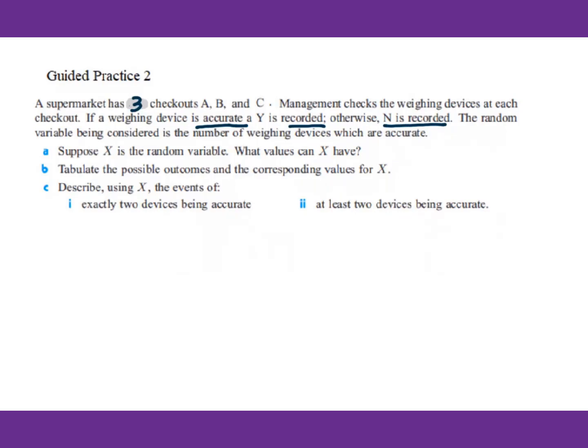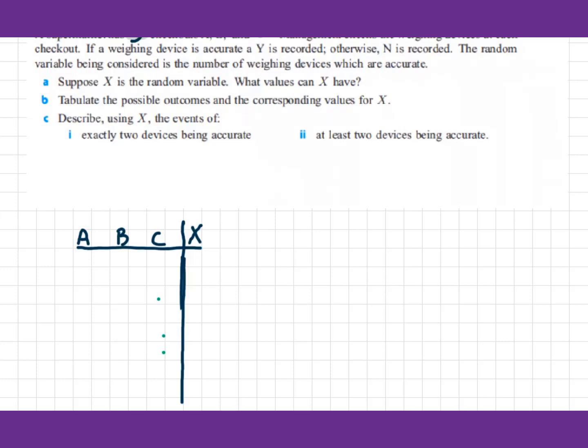The random variable being considered is the number of weighing devices which are accurate. A. Suppose X is the random variable. What values can X have? It will be X equals 3, 2, 1, 0.